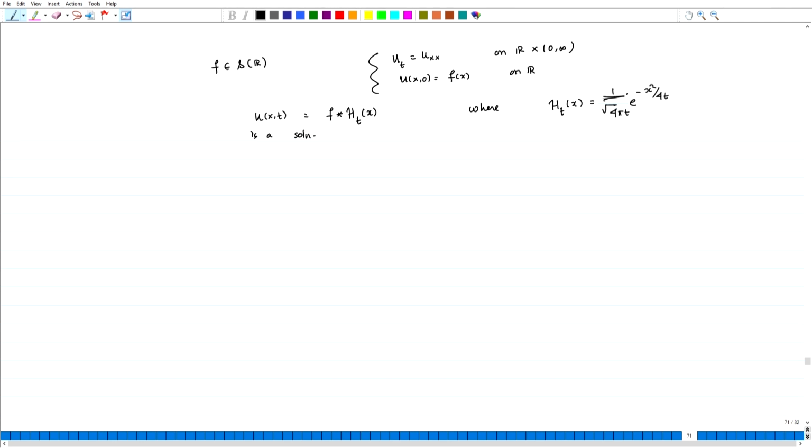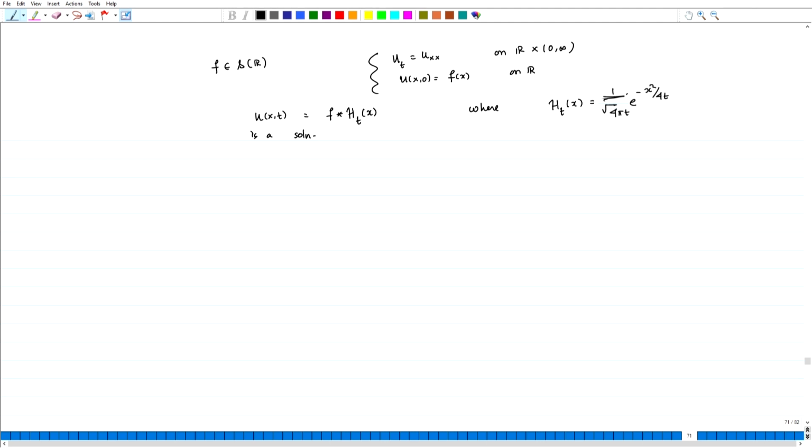This is what we had observed, and also we have observed that u(x,t) converges to f uniformly as t goes to 0, and not only this, in the square mean also u(x,t) converges to f of x.